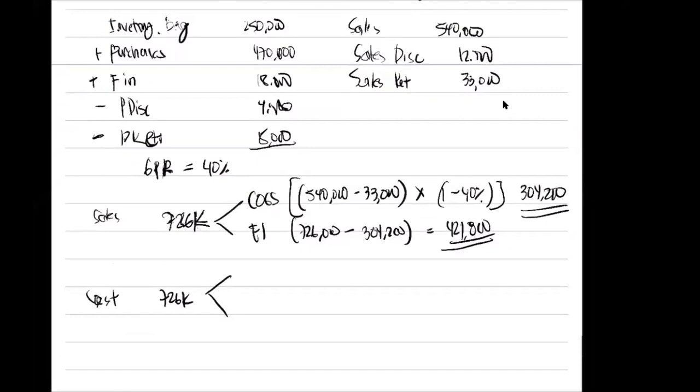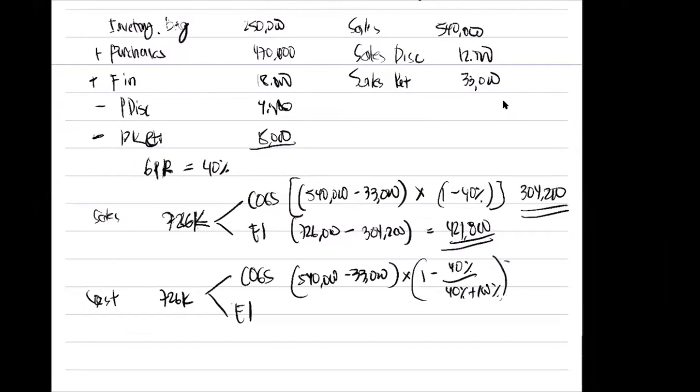How about if ever it is based on cost? If that is based on cost, we again compute for your cost of goods sold and your ending inventory. To compute for your cost of goods sold, we just get for the net sales again, 540 less 33,000, multiplied by 1 less 40 all over 40 plus 100%. So we convert first.